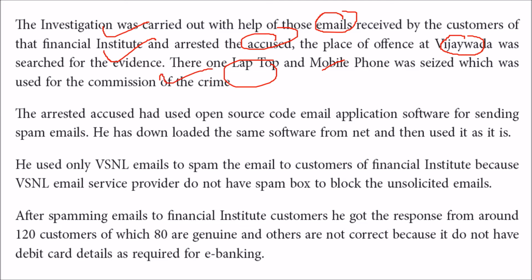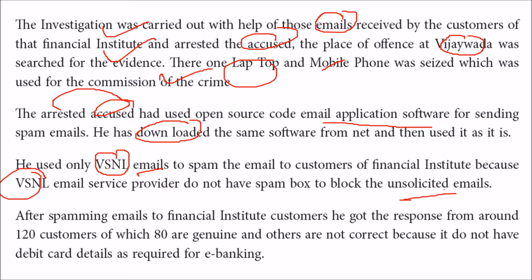The accused who was arrested had used open source email application software for sending these spam emails. And he had downloaded the same software from the net and then used it as it is. He employed only BSNL emails to spam customers of the financial institute, because this BSNL email service provider does not have a spam box to block unsolicited emails.